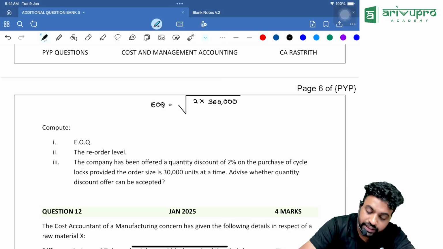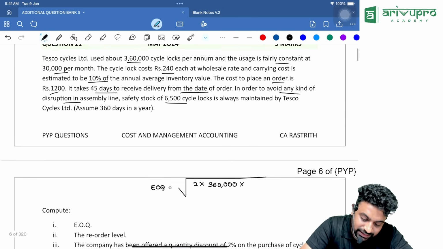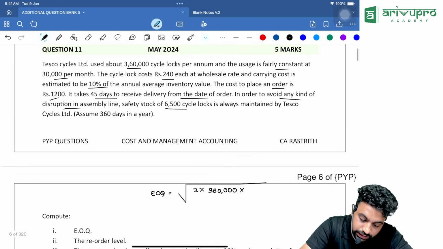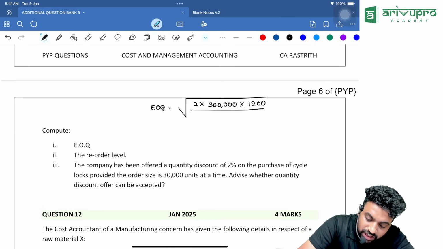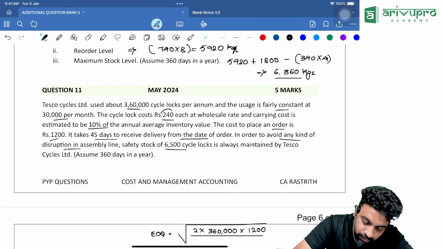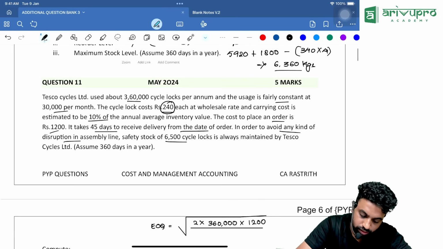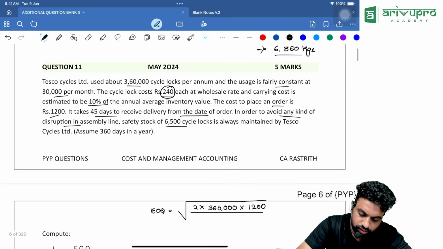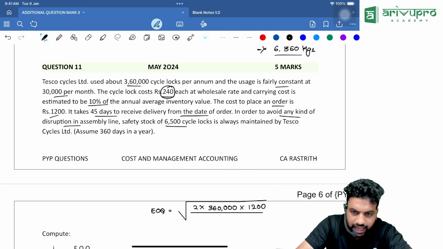So 2 into annual requirement divided by ordering cost 1200, divided by carrying cost per unit per annum. Here carrying cost is 10% of 240. We need per annum only, carrying cost per unit per annum.